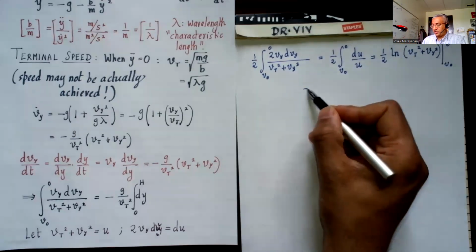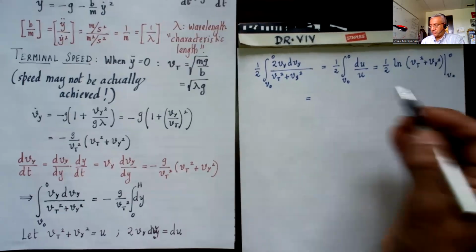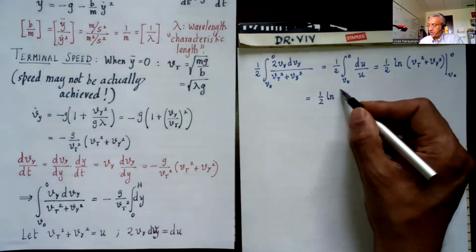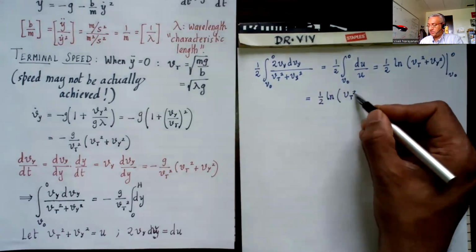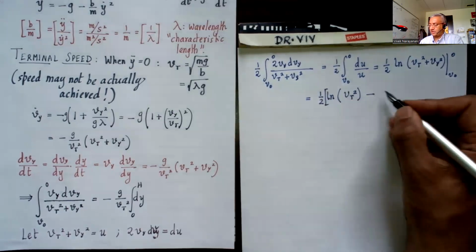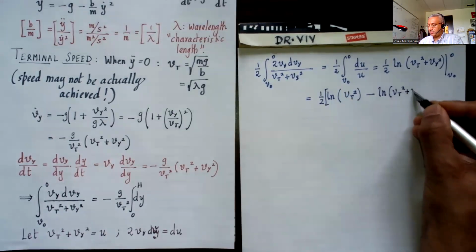Now I'll impose the limits. The upper limit is 0, so I get 1/2 natural log of vt squared plus 0 squared, which I won't write, minus natural log of vt squared plus v naught squared.